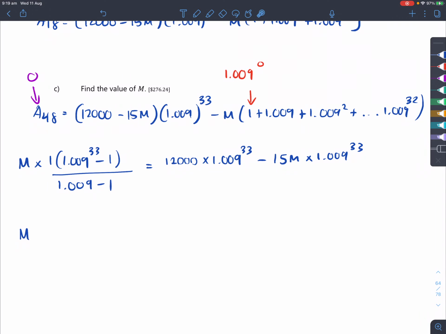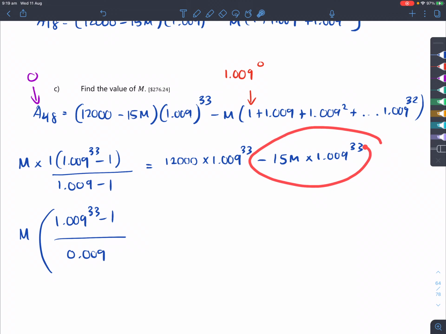But just whilst I'm doing that, I'm going to skip a step. If I factorize m out of this, I will get 1.009 to the power 33 minus 1 over 0.009. But if I bring this over and I factorize that m out, I'll get a positive since I've moved the negative term over. And I write 15 times 1.009 to the power 33.